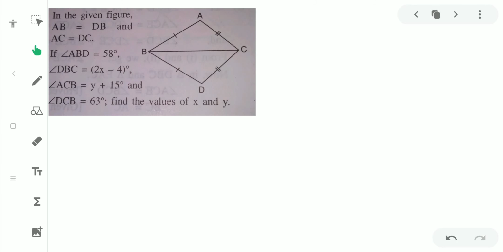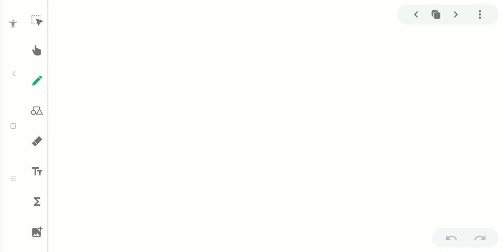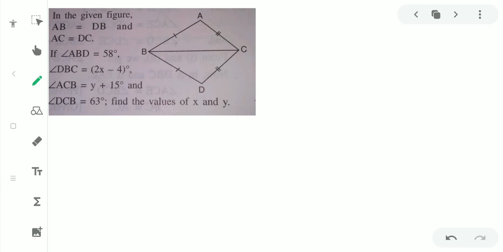AC, this line will be equal to this line, and also given angle ABD is equal to 58 degree. So this time I am not drawing the diagram, I am just explaining it on the question. If I want, I will draw a rough diagram here so that it will be clear.